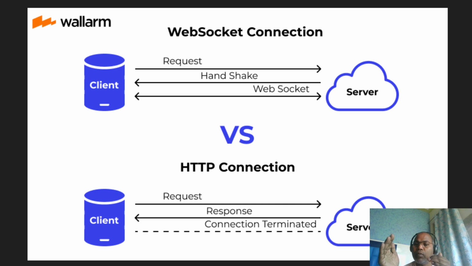But in WebSocket, the connection terminates only on a specific request, from the client side or server side, or when the server restarts. Else, the WebSocket connection is always established between our browsers and the server, so that the server is able to push data whenever any new or changed data comes for a particular client or web browser.